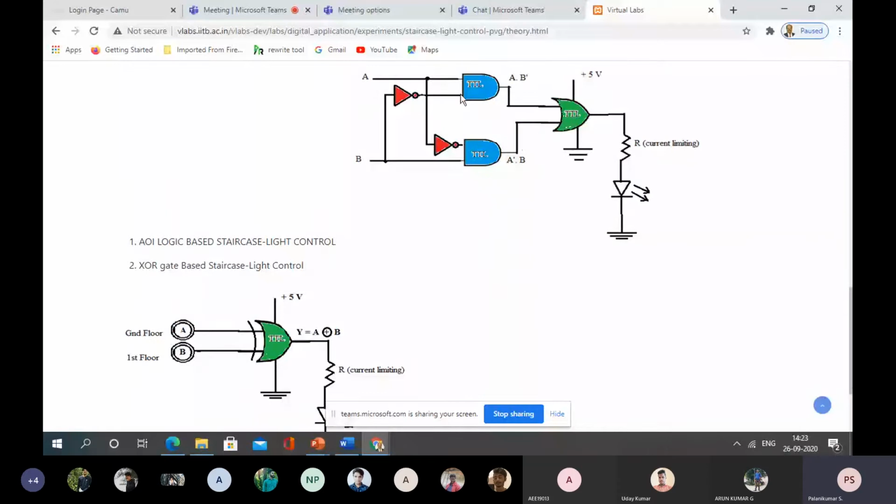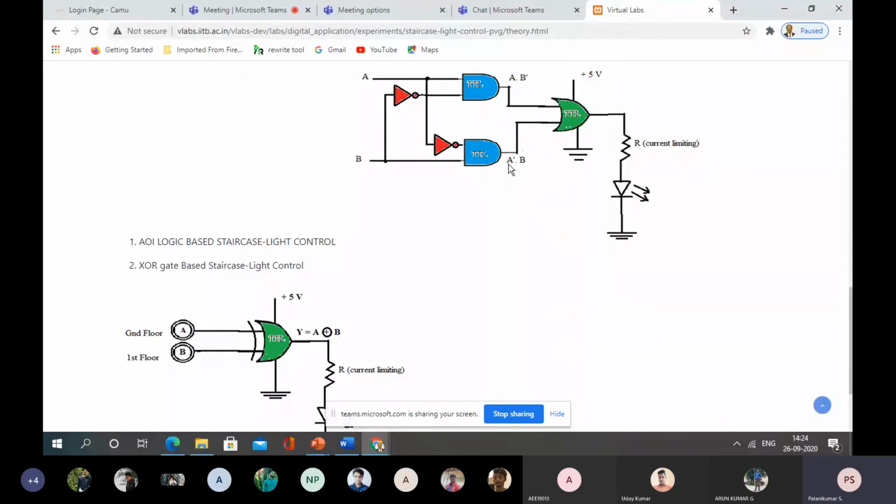I have two inputs. Whenever I give an AND, I invert one input and make an AND operation. B is taken directly, and through the NOT gate I invert it. Likewise, A is given to another AND gate, and A is also taken to a NOT gate. That output is given to an AND gate where B is given as an input.